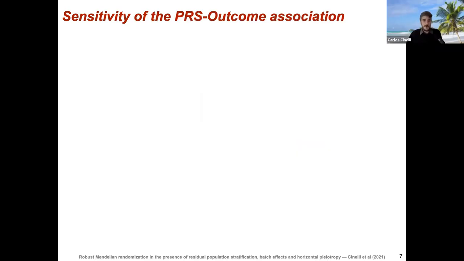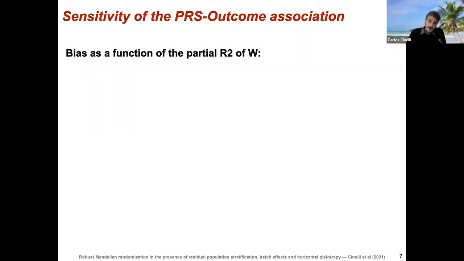So how can we perform this sensitivity analysis of the PRS outcome association, or the genetic association with the outcome? First, this is like a brief crash course on sensitivity analysis of regression estimates, where we are going to parameterize the bias. We have the genetic association with the outcome, adjusting only for the observed variables X, but that's not what we want.